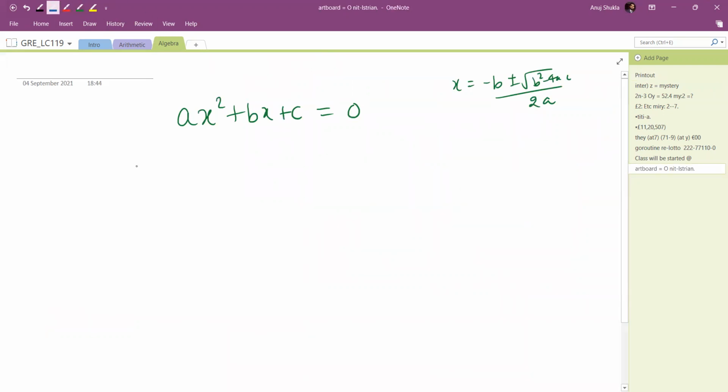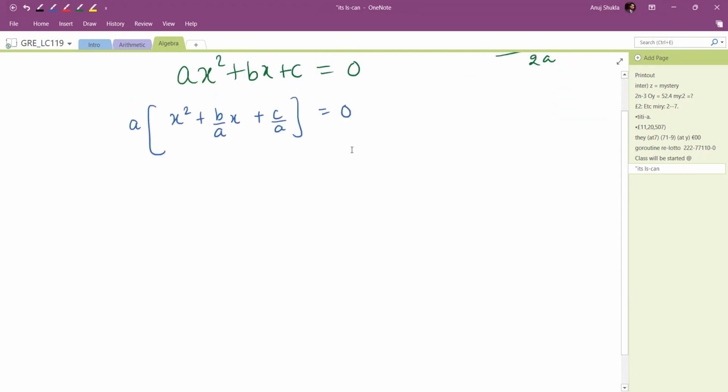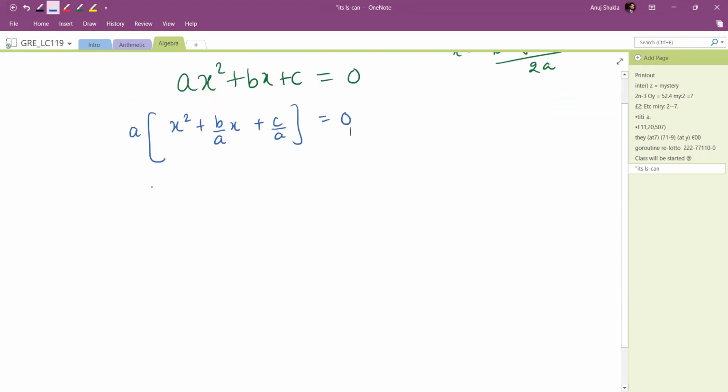So first thing is we are going to take a common, right? So it will be x square plus b by a x plus c by a is equal to 0. What I told you, for making whole square, whatever your x coefficient is there, divide by 2 and whole square. So this is b by 2a whole square.